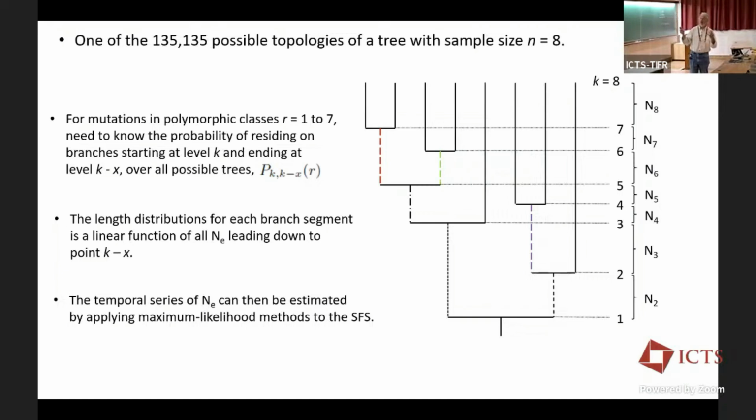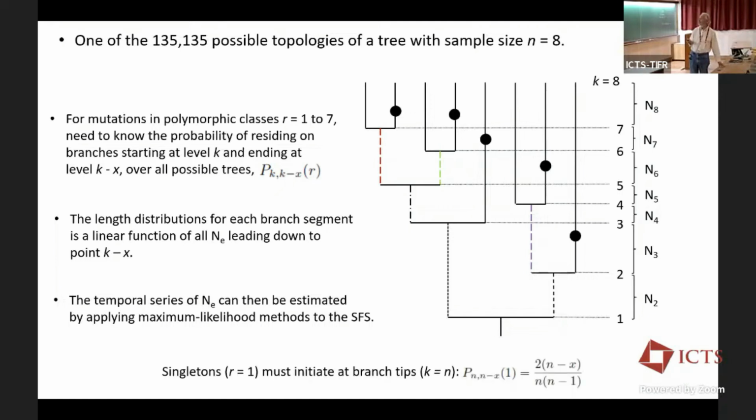Well, not randomly; we know the probabilities of mutations arising on various branches, and we use that information to back-calculate what the Ne values are at the various time horizons, using the principle I showed you in the simple plot before. As an example, these are singletons. They're all on these exterior branches. Sometimes there's not one on a branch and so on. But we know how frequent singletons are in the population.